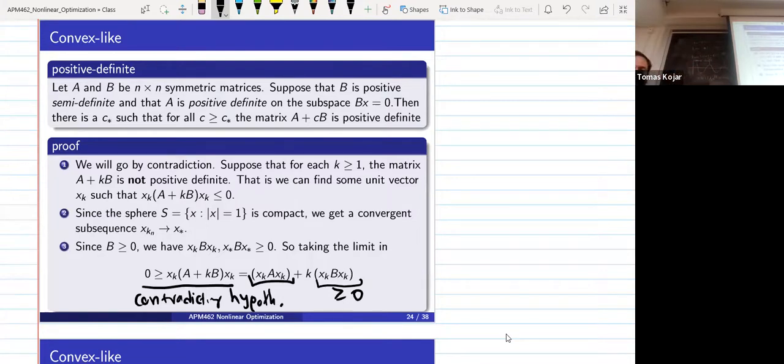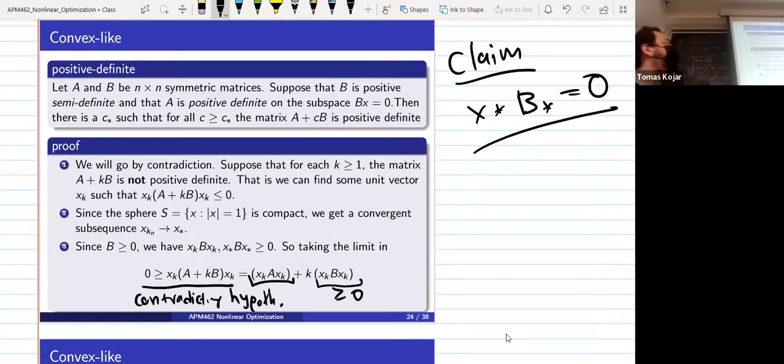Now, as you take the limit, the claim, which is claimed in your book but never proven, is that x star B x star is 0. It's not obvious. If it's obvious, please let me know why.